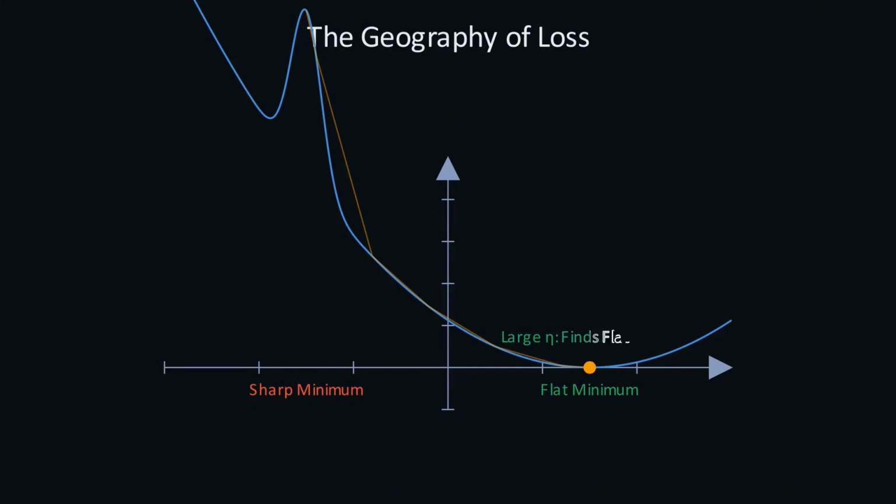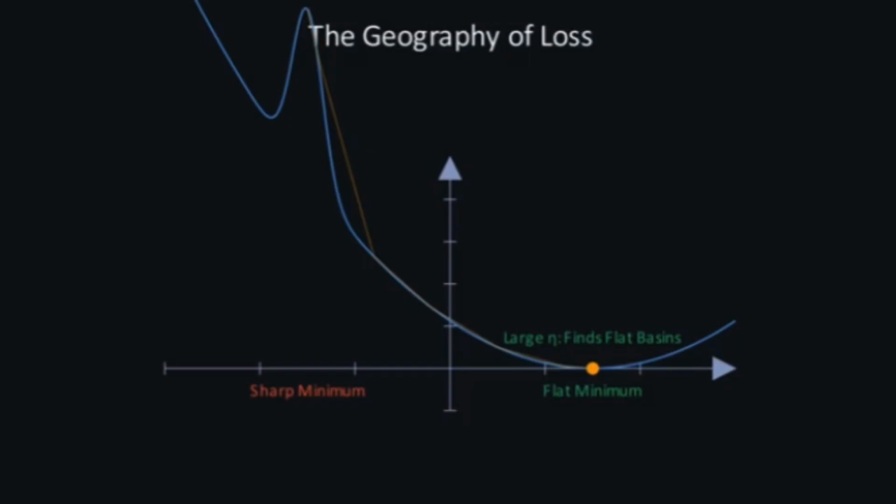In other words, long steps cause the algorithm to continuously bounce out of sharp minima. It's forced to keep moving until it finds a region of space with sufficiently low curvature, that is, a flat minimum, where it can converge and stop. A large learning rate is precisely the mechanism that forces the algorithm to search for flatness.